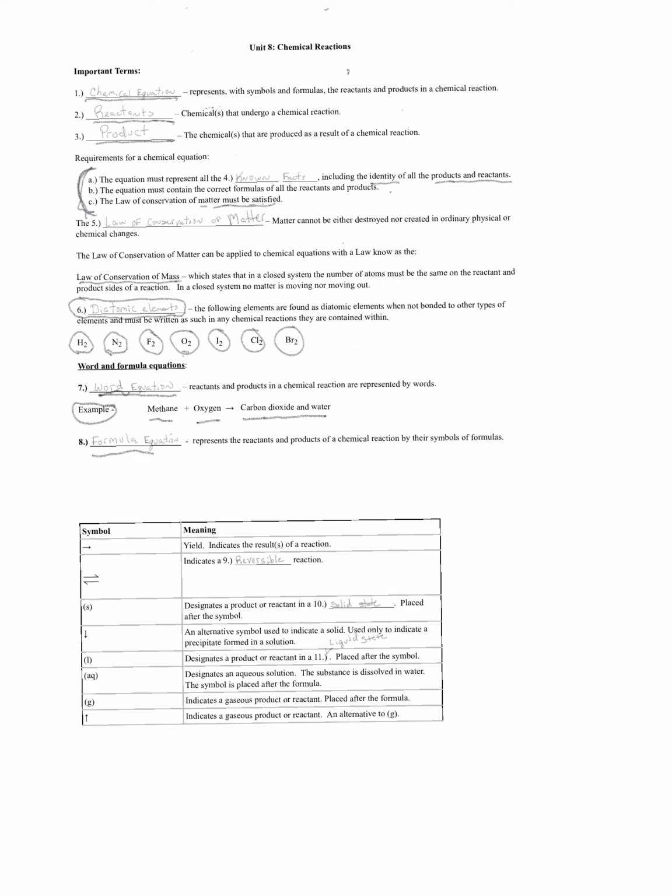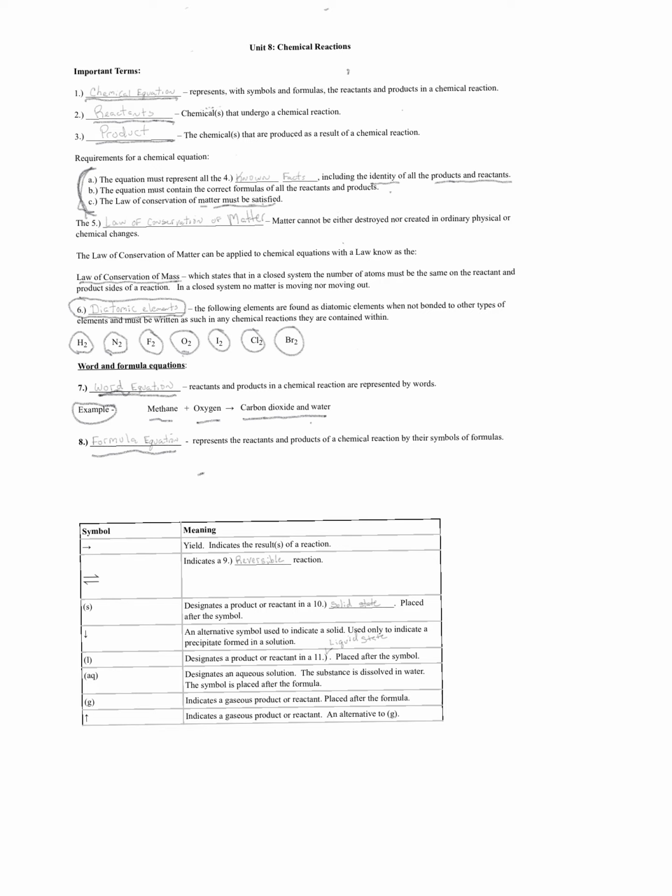A formula equation represents the reactants and the products of a chemical reaction by their symbols or formulas. Okay, so we said methane plus oxygen produces carbon dioxide and water.